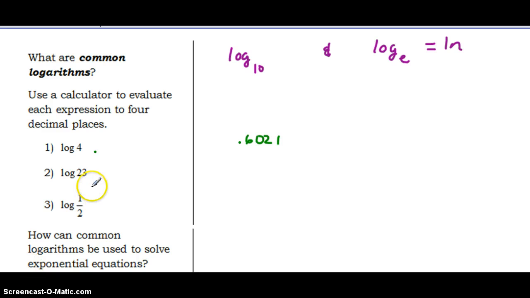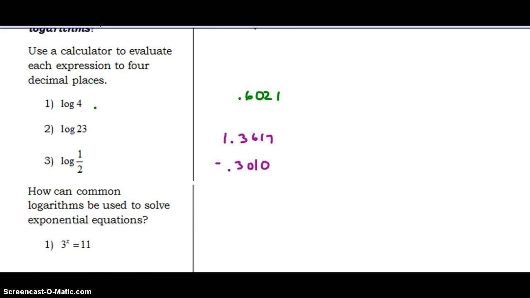Okay, so go ahead and try log 23 and log 1/2 and bring it back. So these are the values you should get. Now we're going to be using those common logarithms to solve exponential equations. Because remember, we could convert to the change of base formula and then solve.